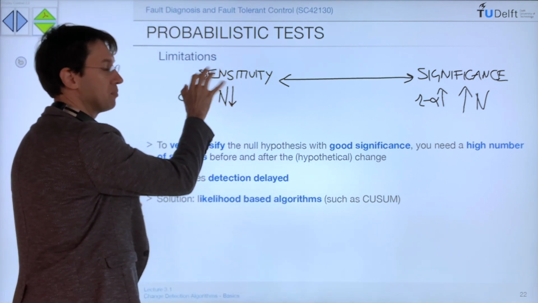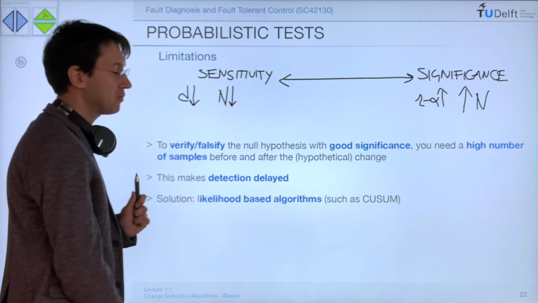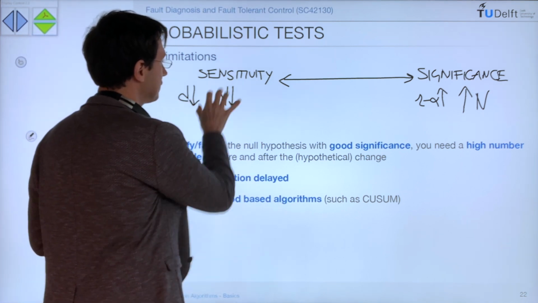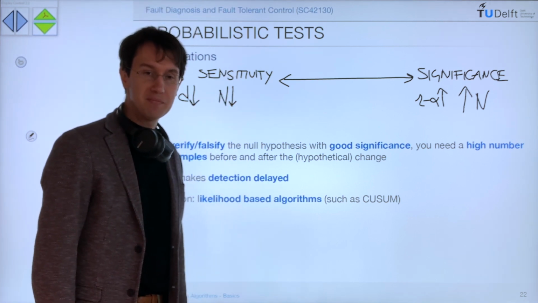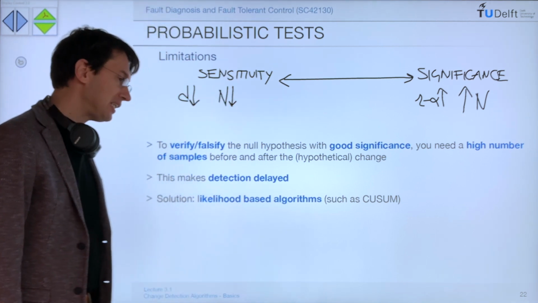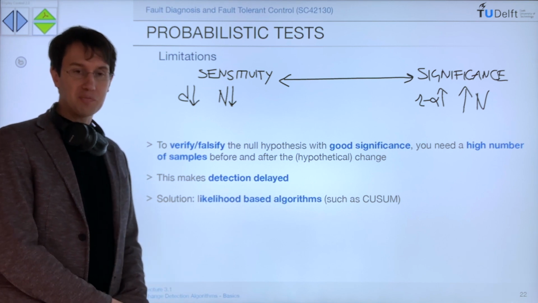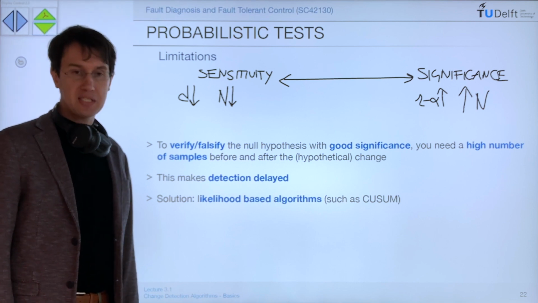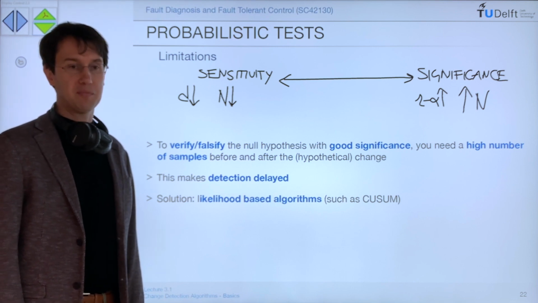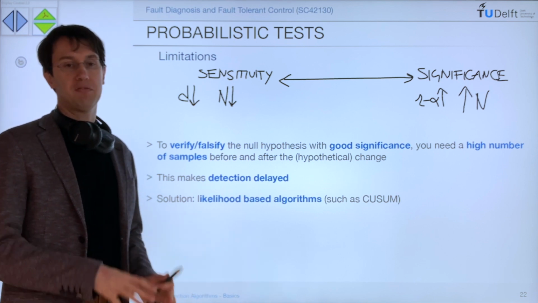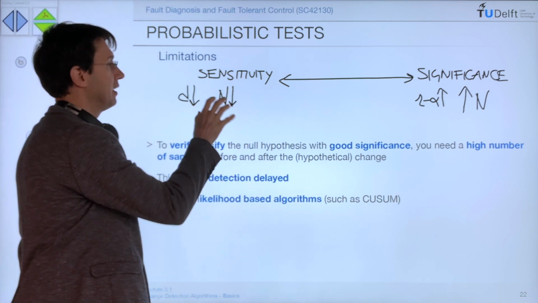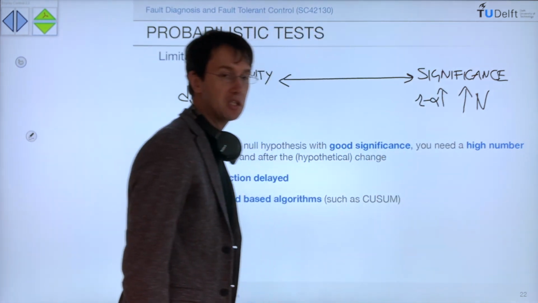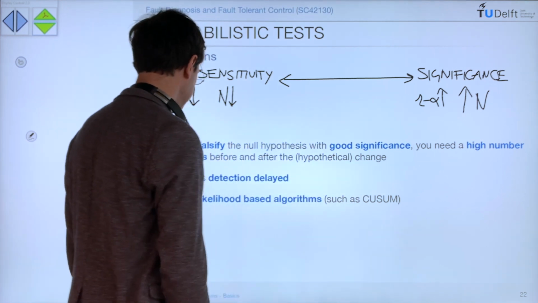Here we have a small misdetection rate and also a low delay in actual detections, but the false alarm rate is bigger. Well, this kind of compromise that must be reached is a constant in detection algorithms. So there is no way to build a fault detection algorithm where you can make happy both people that want this and people that want this. So you need to make a choice and decide where you want to stay.